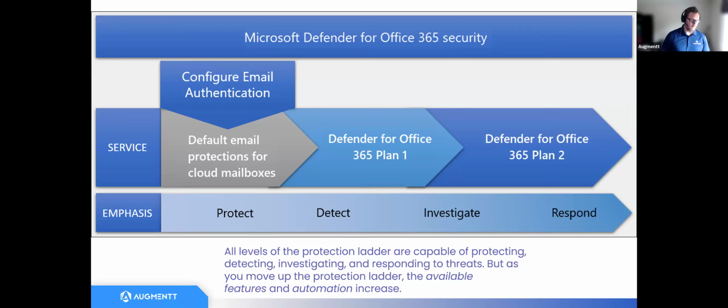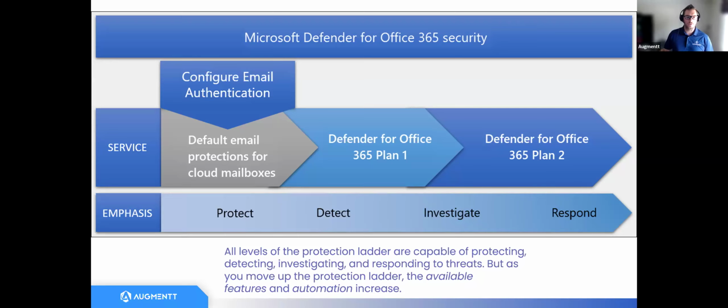One of the major challenges for MSPs, I find, is that because you're supporting multiple customers, you have the problem of enterprise level issues with essentially many small budgets rather than one large budget that the enterprise level company would have, right? So as it says on the slide here, all these levels of protection are capable of protecting, detecting, investigating, and responding.